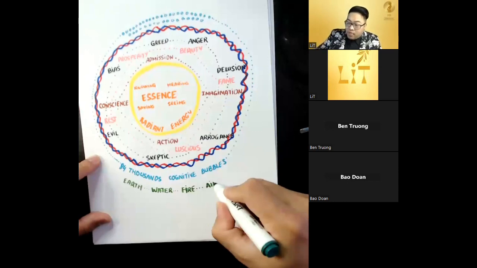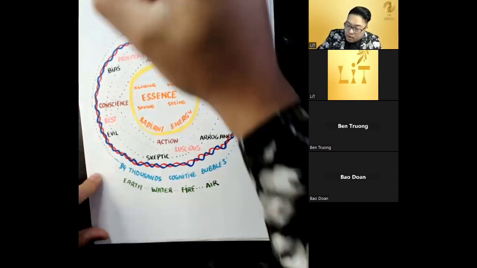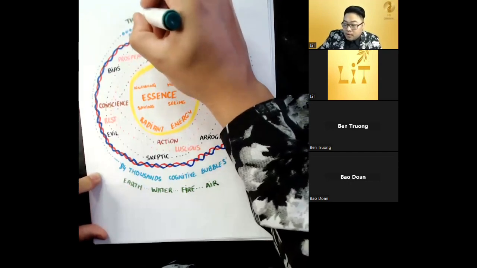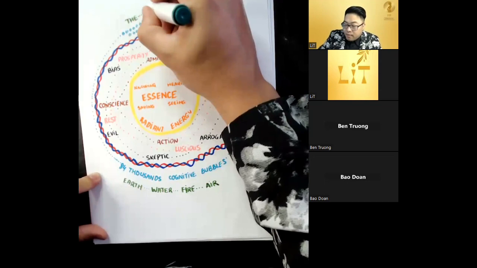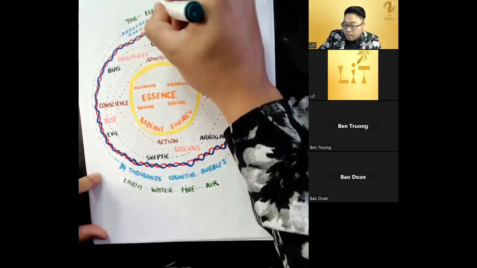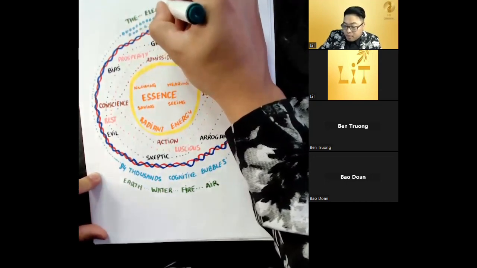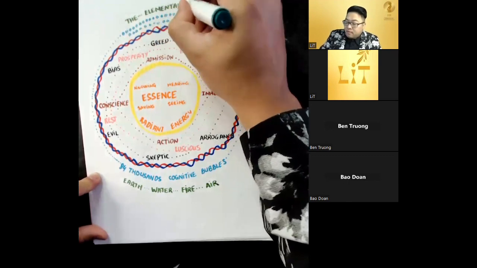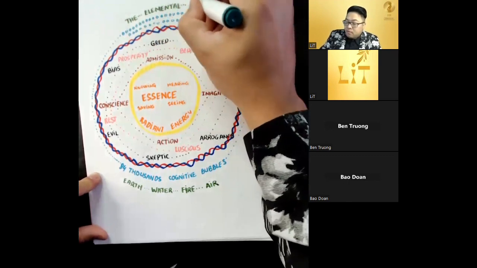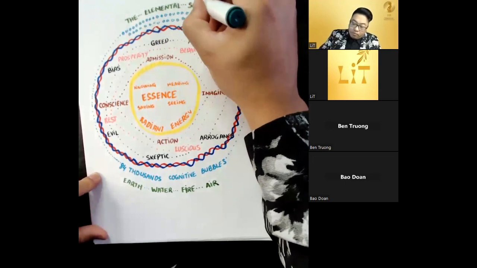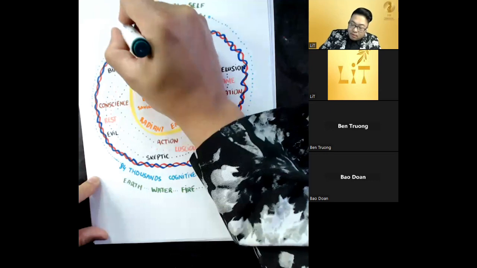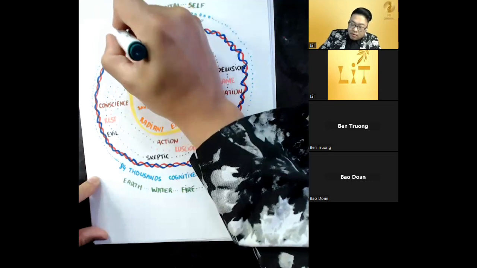This is called the elemental self. And again, let's connect this with our dots.